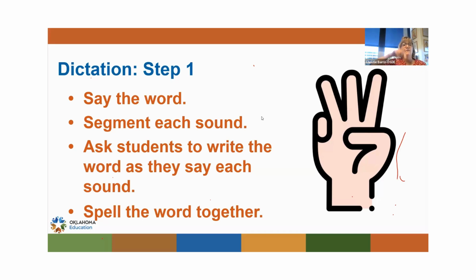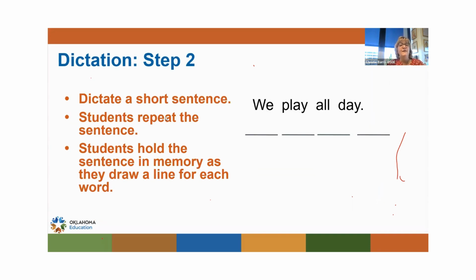So for rain, they would put a, and you want to hear that going on as they're writing. Then we would spell that word out loud together. After we've written the words that we're going to write today, maybe just 5 words with that pattern, we would do a short sentence with 1 or 2 of those pattern words.